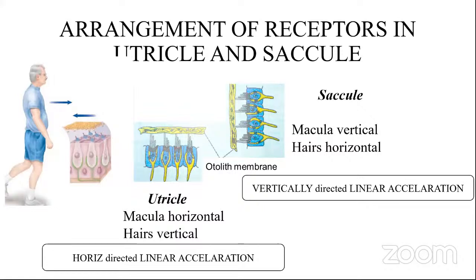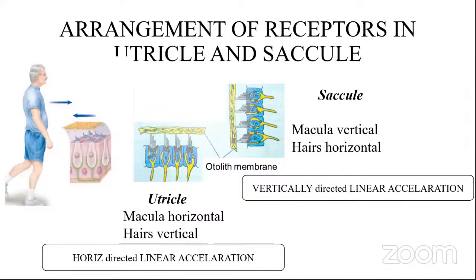On the right side you can see the saccule. Here the macula is vertical and hairs are horizontal. Therefore, it detects vertically directed linear acceleration. That means gravitational pull.